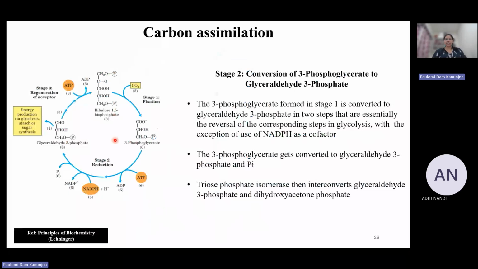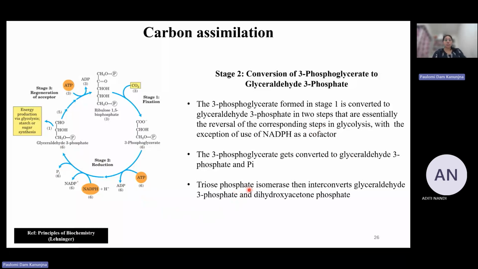Now let's look at the second step, which is the conversion of 3-phosphoglycerate to glyceraldehyde 3-phosphate. This conversion is again in 2 steps that are essentially the reversal of the corresponding steps in glycolysis. We have this step in glycolysis as well, glyceraldehyde 3-phosphate to 3-phosphoglycerate. Here it's the same in reverse order. The 3-phosphoglycerate also gives inorganic phosphate as a result.